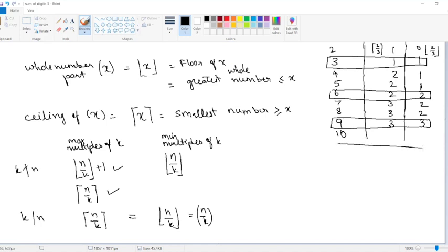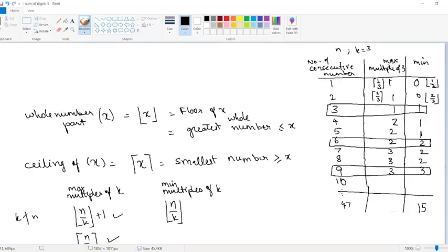Now, for example, can you tell me how many multiples will we have if we take, say, 47 consecutive numbers? What will be the max and what will be the min? 47 for 3, right? So 47 divided by 3. So the minimum will be 15 and the maximum will be 15 plus 1, that is 16.